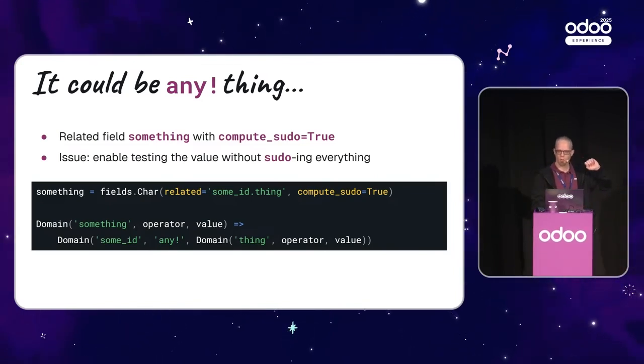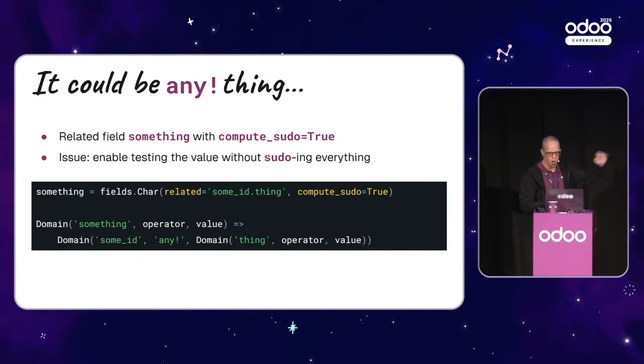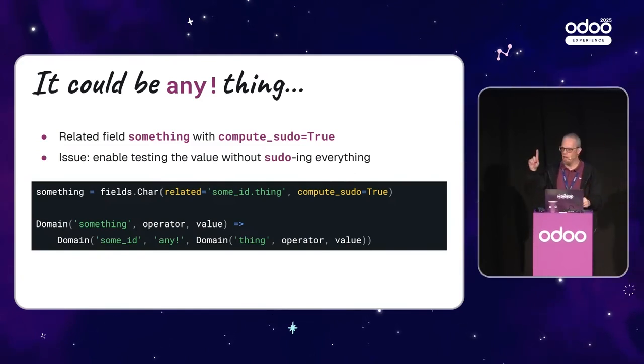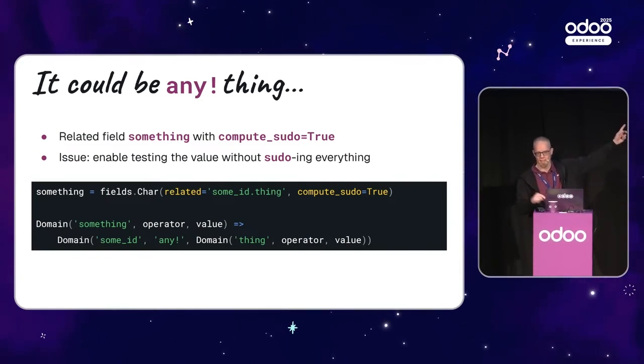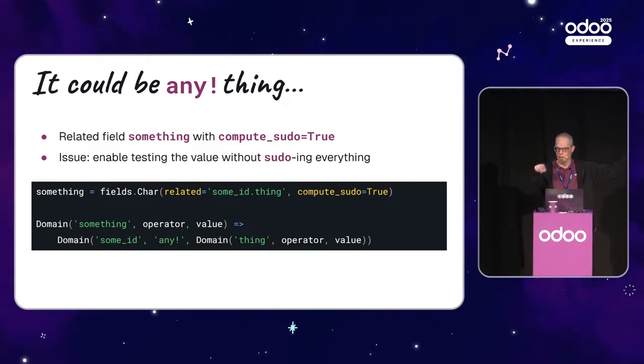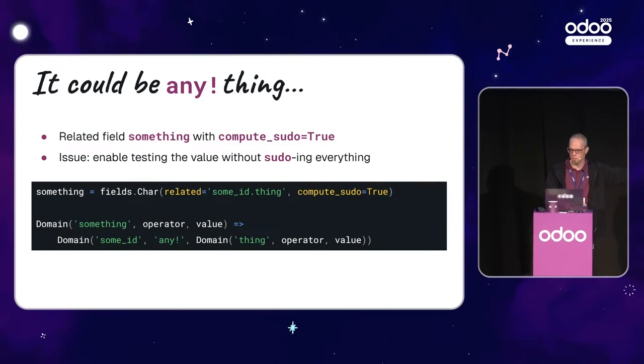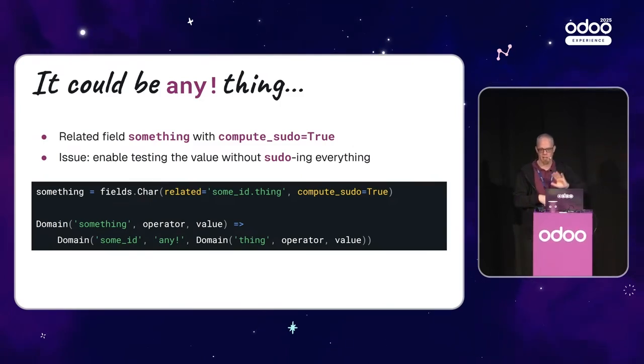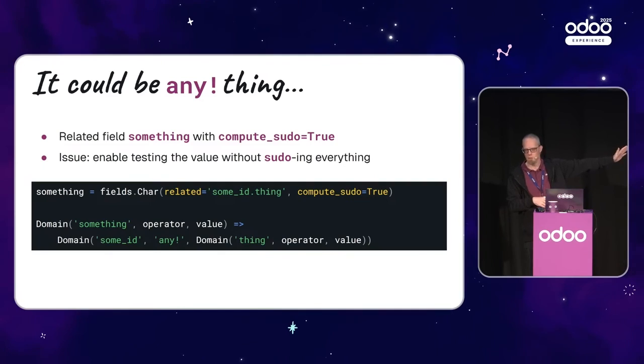And it does not propagate to the right-hand side. So if the variable operator is itself a condition like any, the right-hand side of that operator will have the access rights applying to it. So it's not like doing a simple sudo.